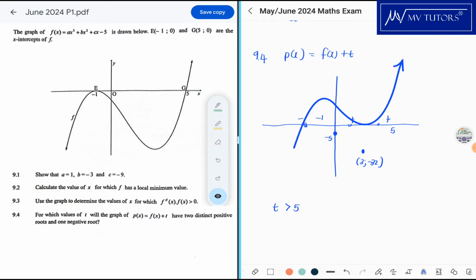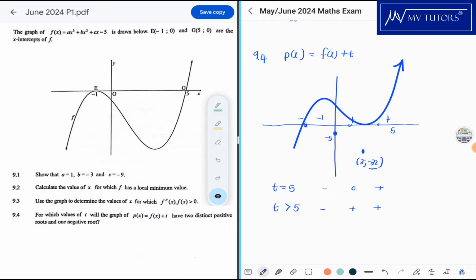All right, firstly, because when t is equal to 5, I showed you we have a negative, we have 0, we have a positive. When t is bigger than 5, we have a negative, a positive, and a positive.